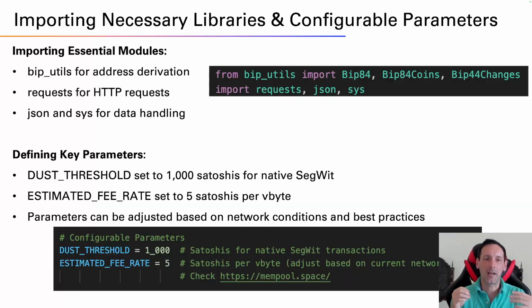So if you're going to run this script to check your personal wallet situation, you should always go to mempool.space, which is an example of a good site, to check the real-time rates, and then you just take those numbers, put them in the script, and run the script with the actual number of satoshis per byte.